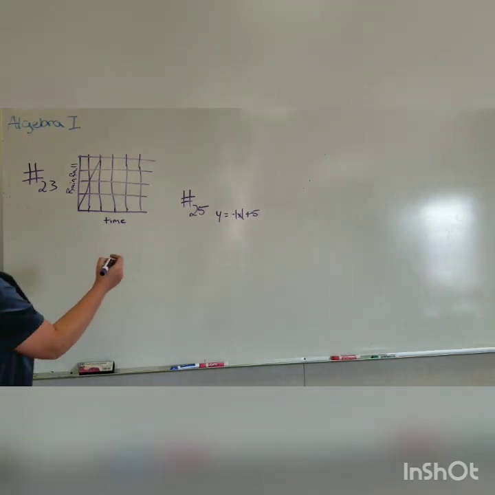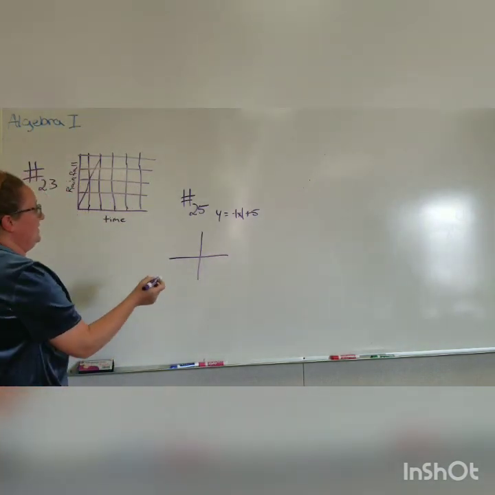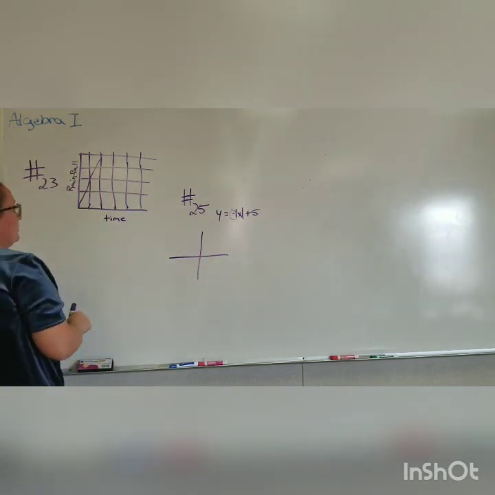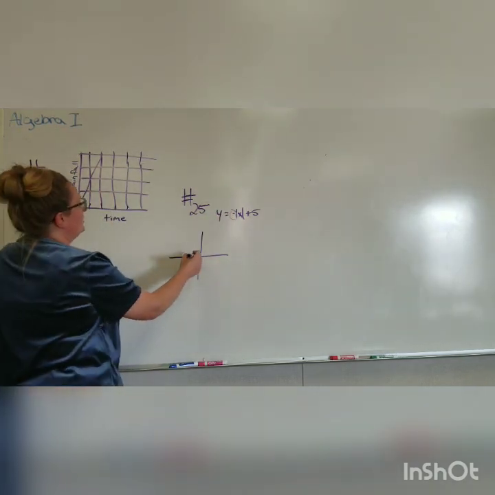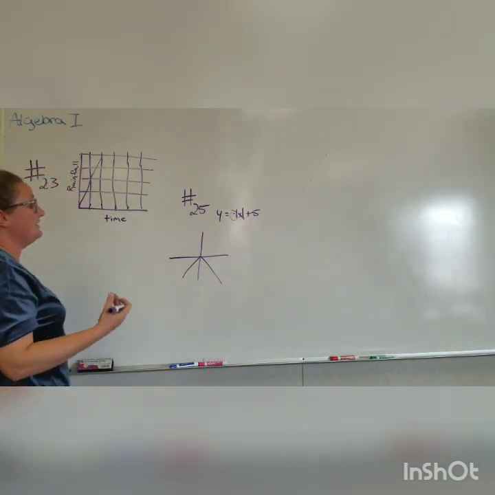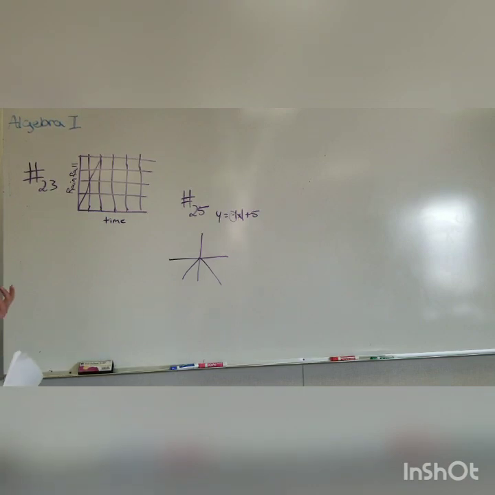So this graph is a V that opens up from the center, usually, unless it has a negative in front of the absolute value, then it opens downward from the center. So it opens like this. And then any number added to it is a translation. So if it's added outside, it either goes up or down. In this case, it's going to go up because it's added.